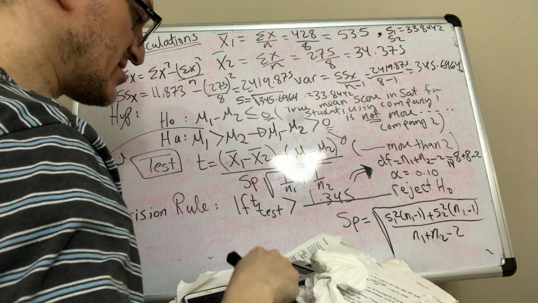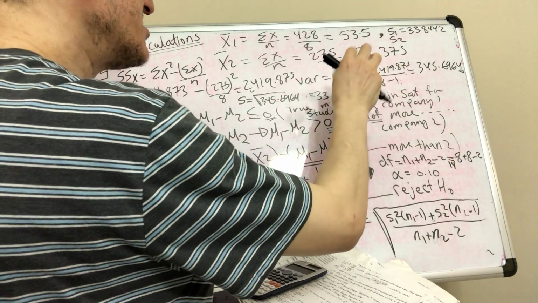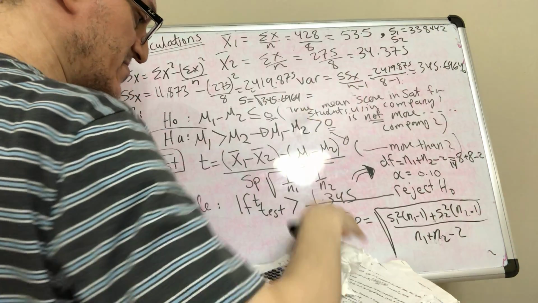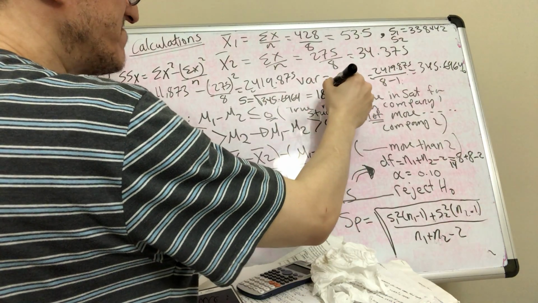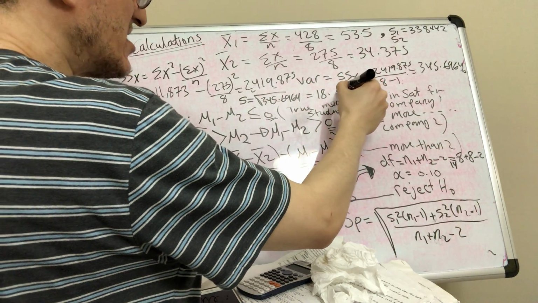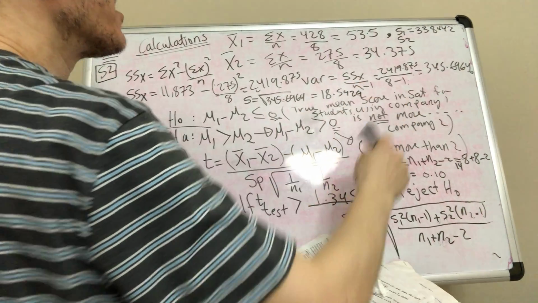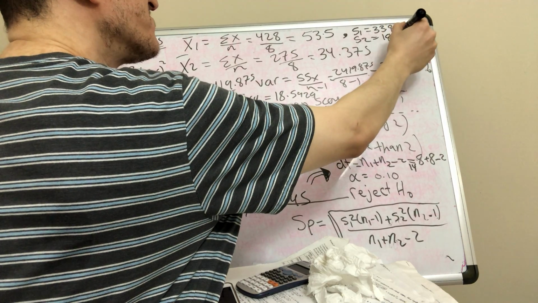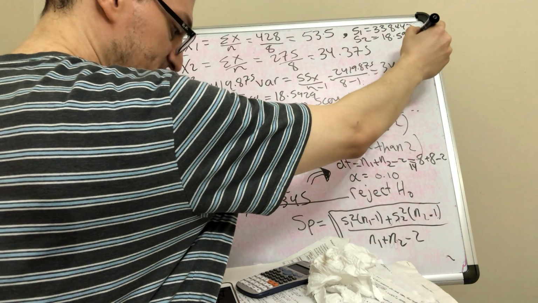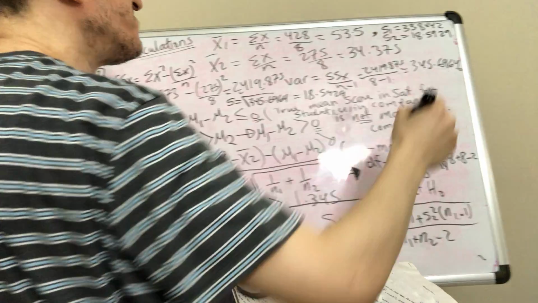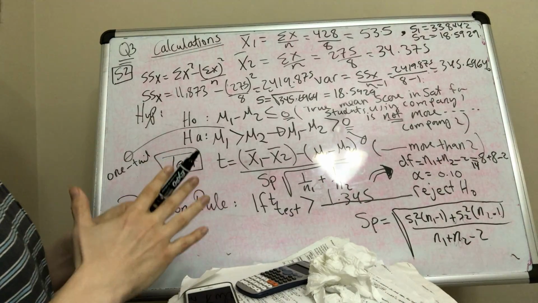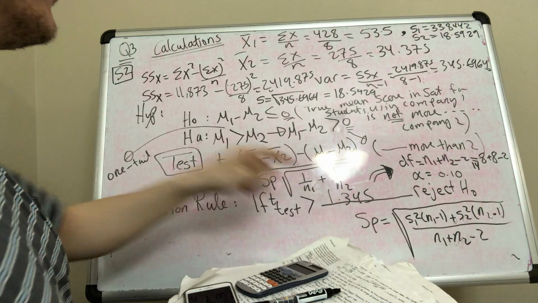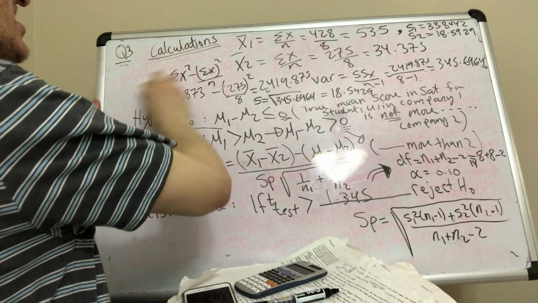So you square root the number and you get your standard deviation of 185929. So we found standard deviation 1 and standard deviation 2. We can find SP now.